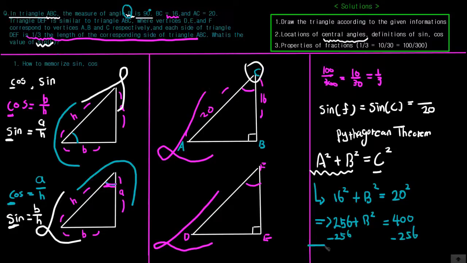and then we get b squared. So b squared is equal to 400 minus 256, which is 144. We can take the square root of both sides to get rid of this square, and then we get b is equal to 12. So we can say that the value of b is 12.